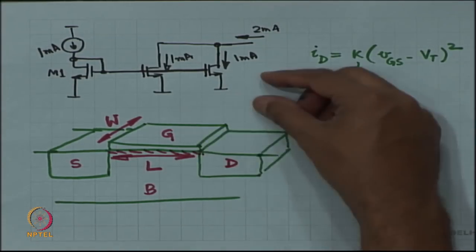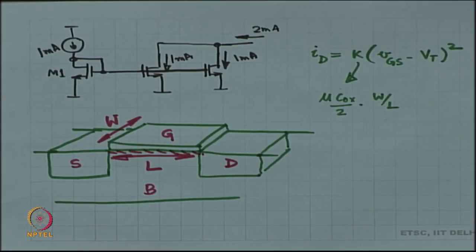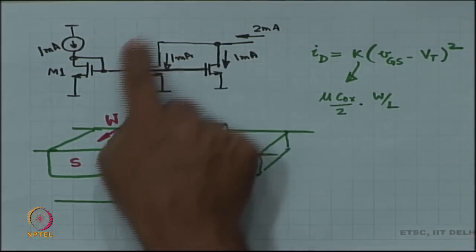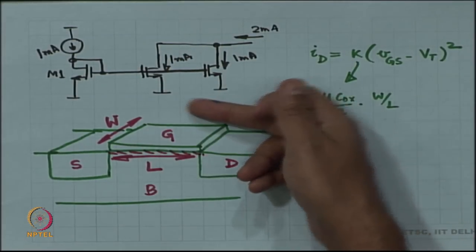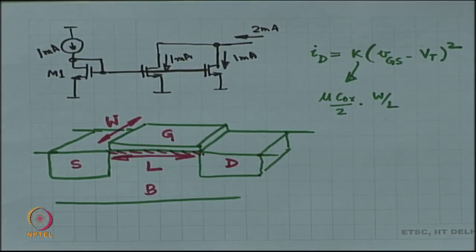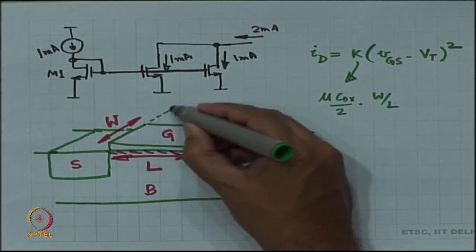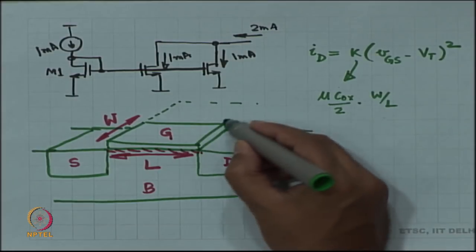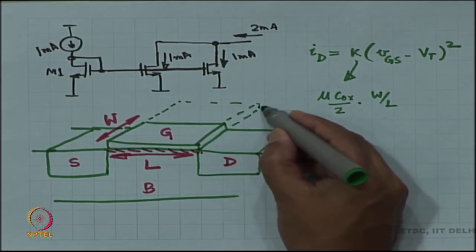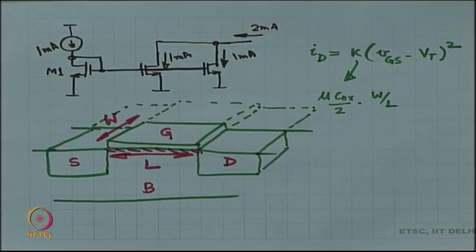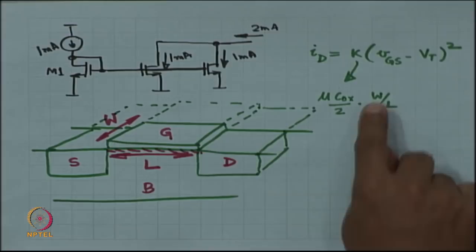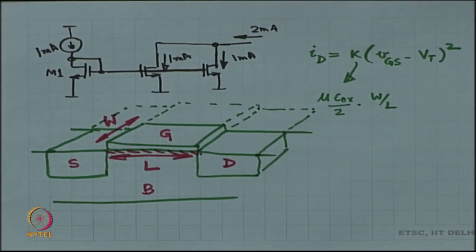If you place two such devices in parallel, then effectively you have got double the width. You can place another one over here, right next to it. You have got double the width. In such a case, the width doubles, so the current doubles, or you could draw it as two separate MOSFETs. All right.